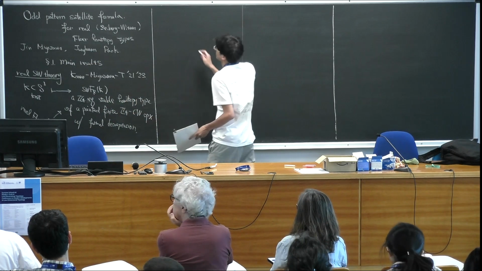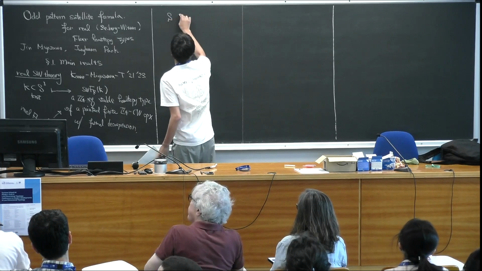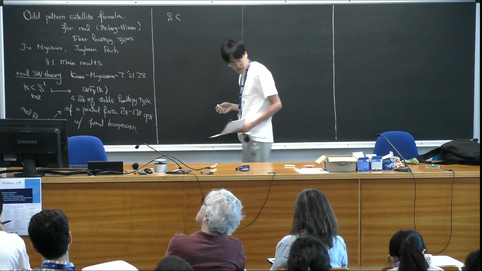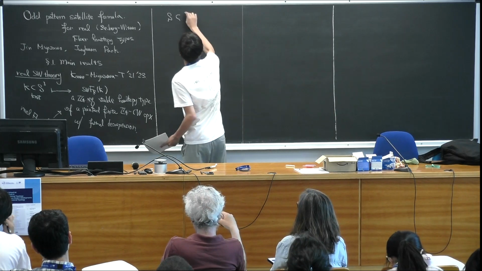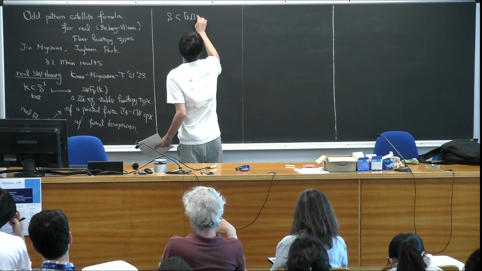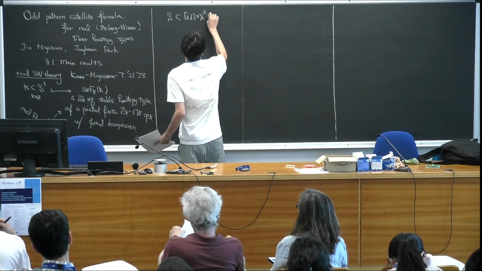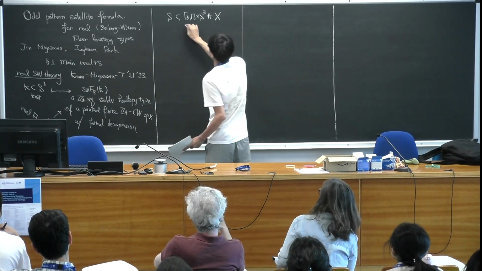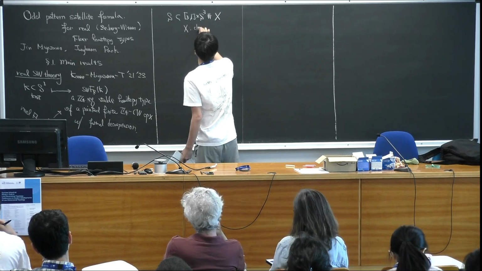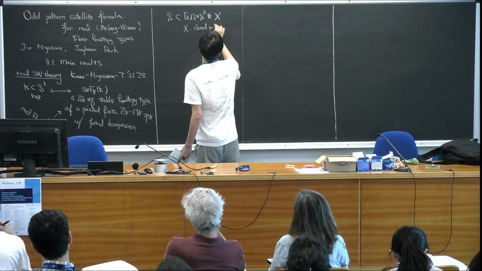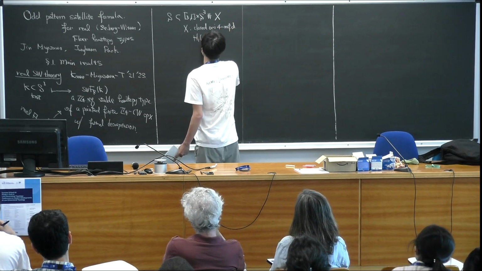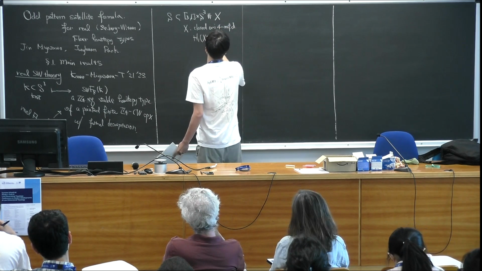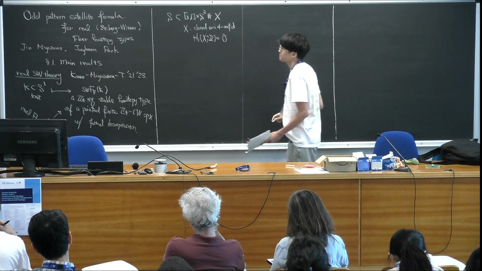And if you have a surface cobordism, a properly embedded surface inside the interval times S3 plus X, where X is a closed oriented four-manifold whose first homology is 0.